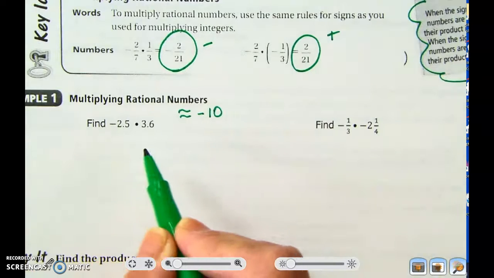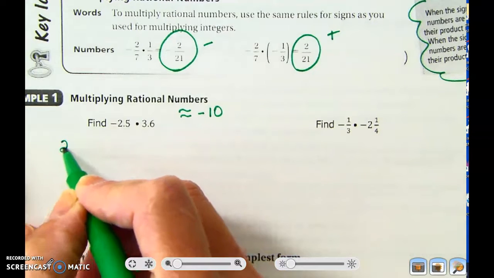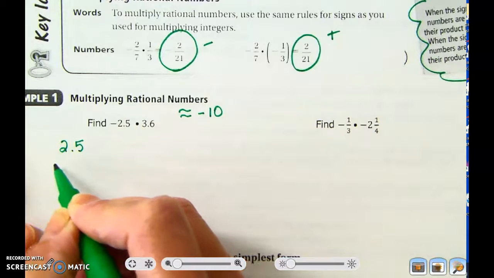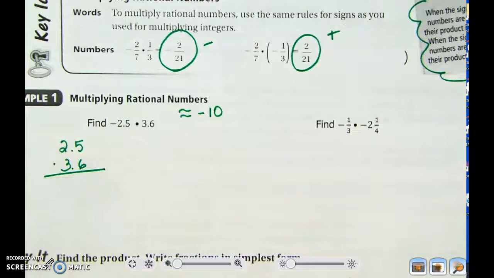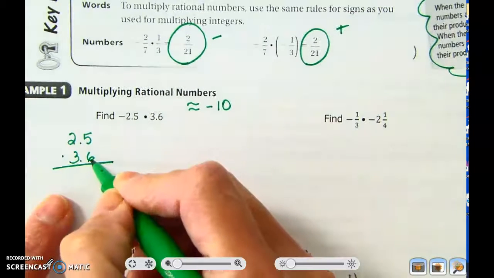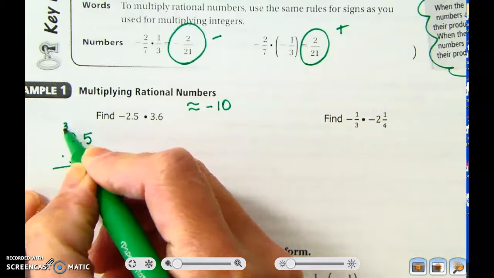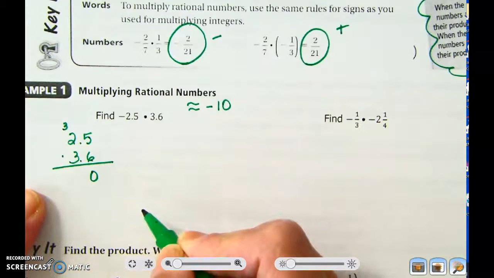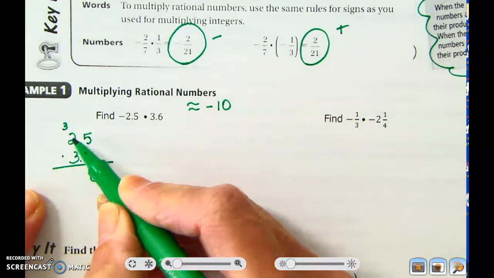All right, ignore the signs for right now. And we're going to just line these numbers up vertically. So we have 2.5 times 3.6. Okay, and we'll worry about the sign at the end and the decimal points. So 6 times 5 is 30. We write down the 0 and regroup, or carry the 3. 6 times 2 is 12.